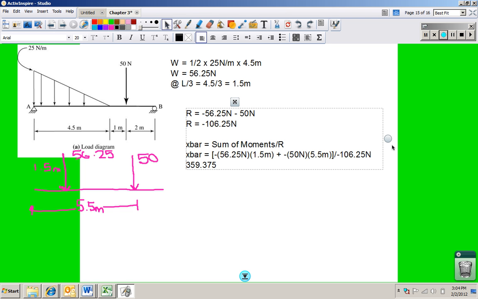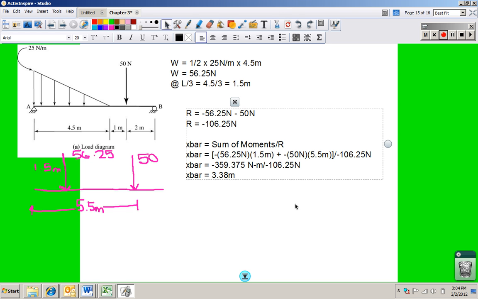Let me write X bar equals newton meters divided by, and that's a negative number, divided by a negative 106.25 newtons, and I get 3.38 meters.